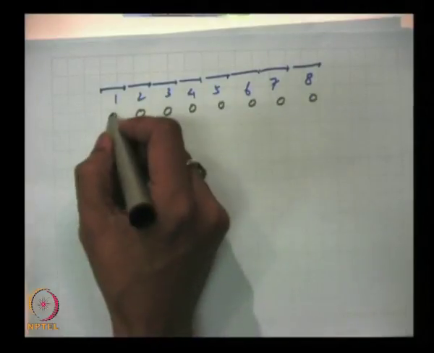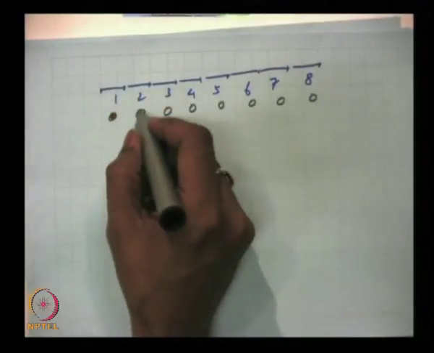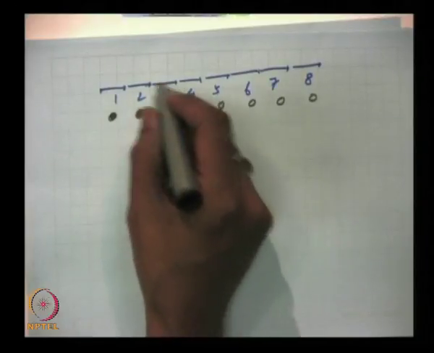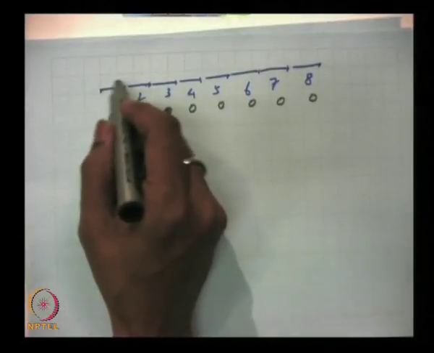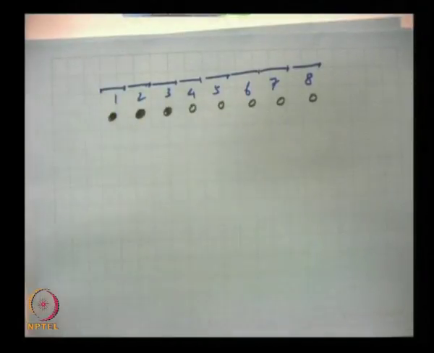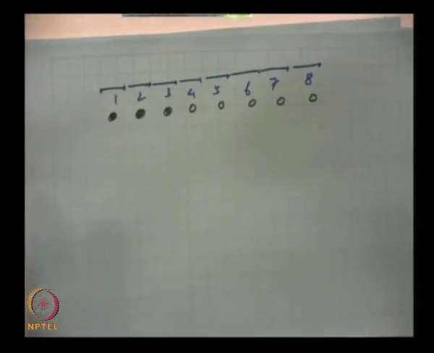This leaf represents this interval, this leaf represents this interval, and so on and so forth. Now, what the actual intervals are, the lengths, etc., that information I can store. But now, this will be more of a combinatorial representation. So, what the lengths are, whether they are equal or non-equal, it will not make any difference to the structure of this tree.